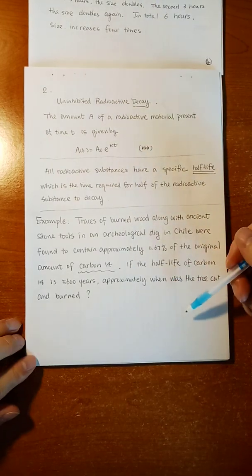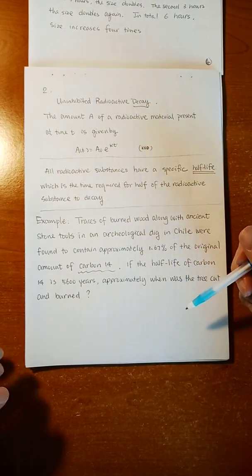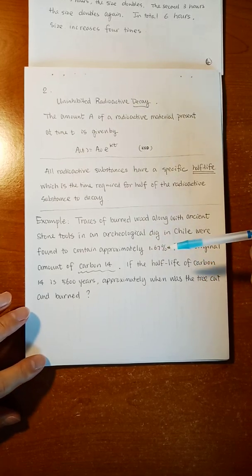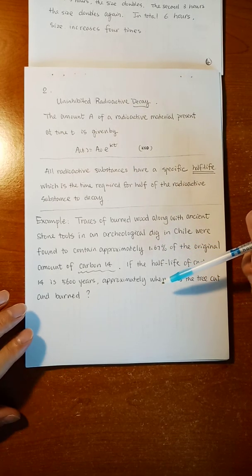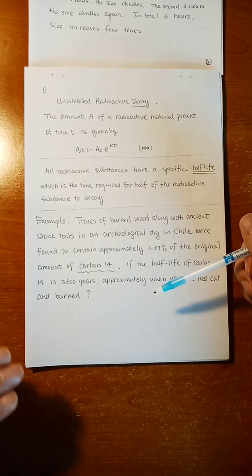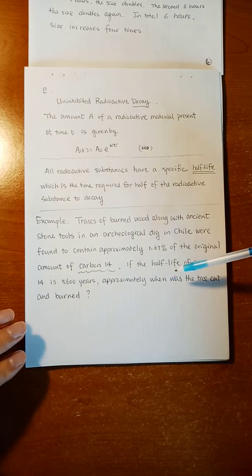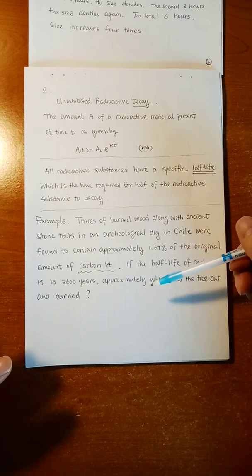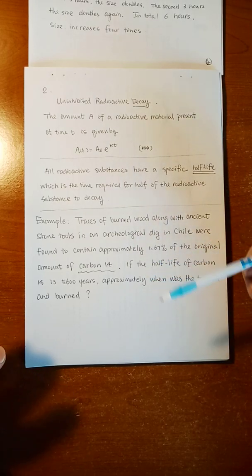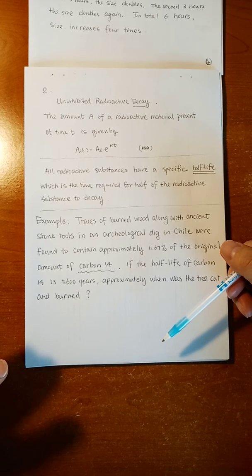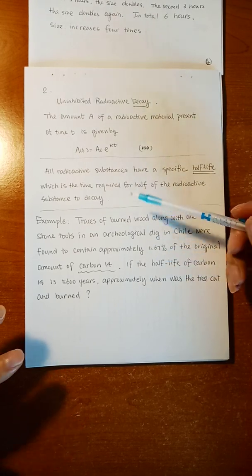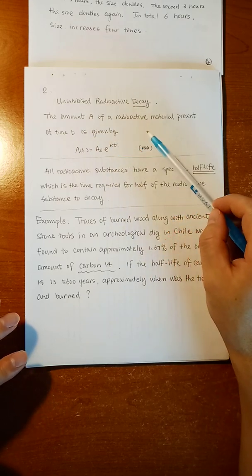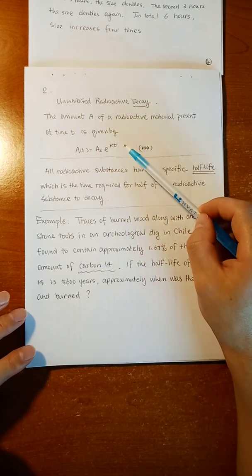So basically the theory is the following. When the tree grows, the carbon 14 in the tree keeps a certain level. When the tree is cut and burnt, the amount of carbon 14 starts to decay. And that process satisfies this uninhibited radioactive decay formula.